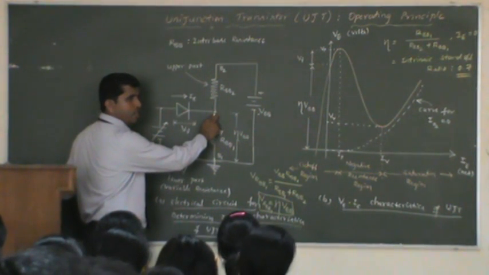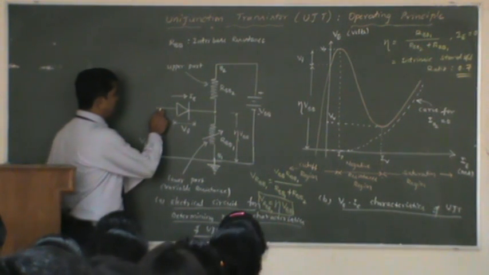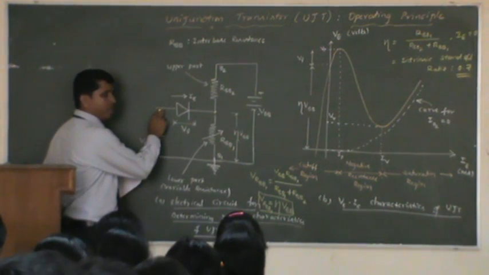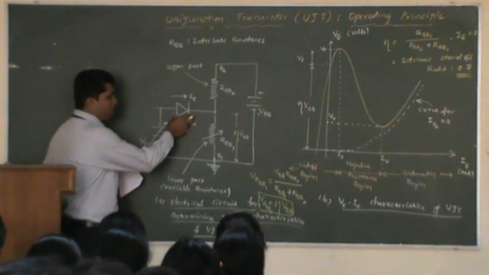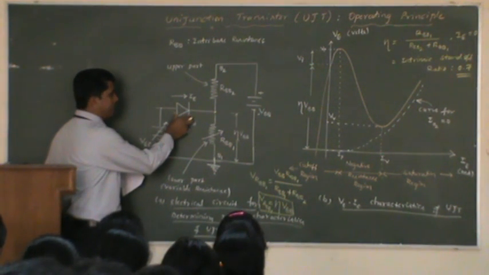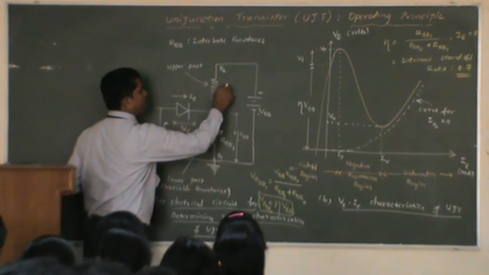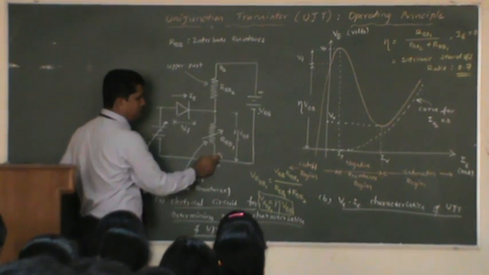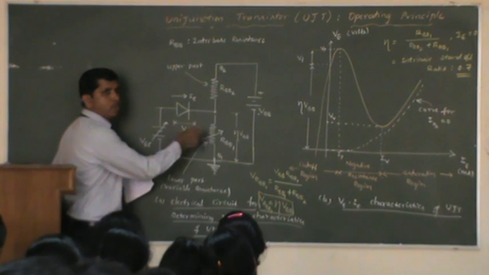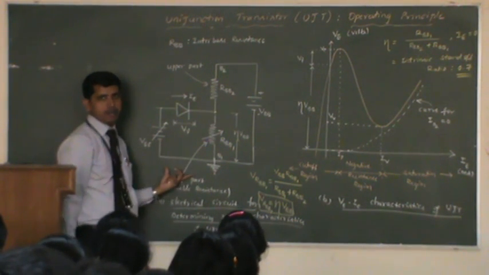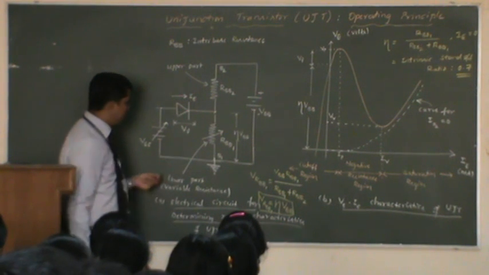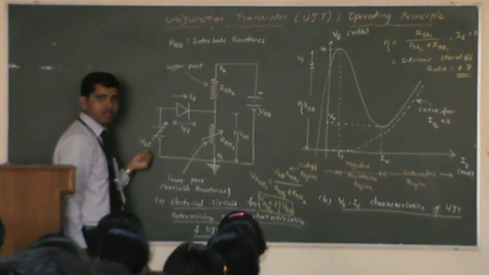You must know the voltage at the other terminal so that you know what voltage to apply here so that this diode becomes forward biased. Based on this forward or reverse biasing, I can control the current movement from base terminal B2 to base terminal B1. That's how this device operates. You understand this? Basically, this is called a current control device. You control the current by applying the emitter voltage VEE.